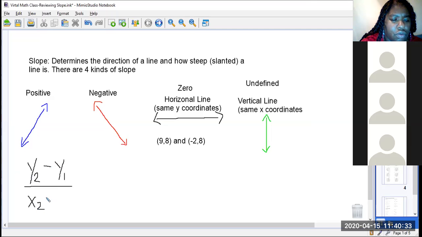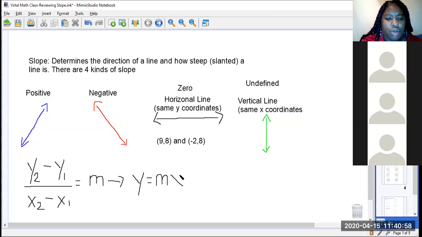Over x2 minus x1, and that equals m. Now, m is your slope, and as we know, m is also found in the slope intercept form y equals mx plus b. And we'll get into that momentarily.